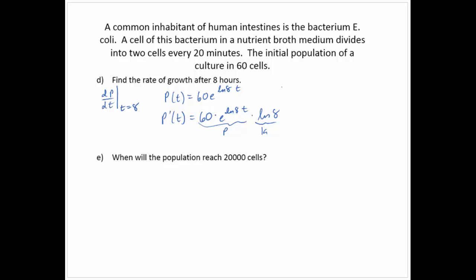And so then dP/dt evaluated at t equals 8 would be equal to P of 8 times the natural log of 8. And so that's approximately 2.09 times 10 to the 9th.